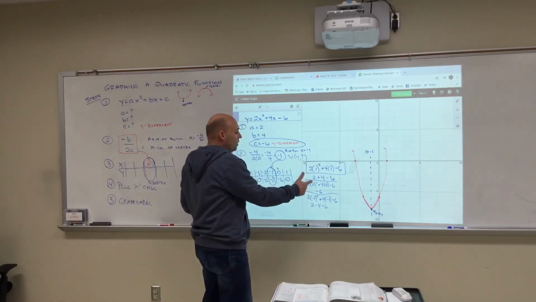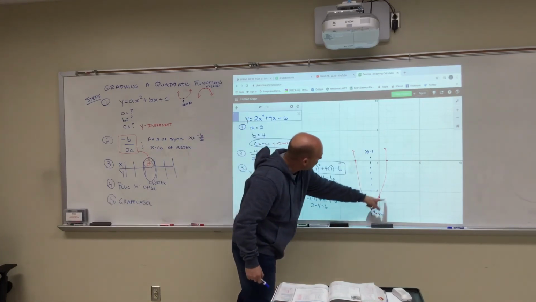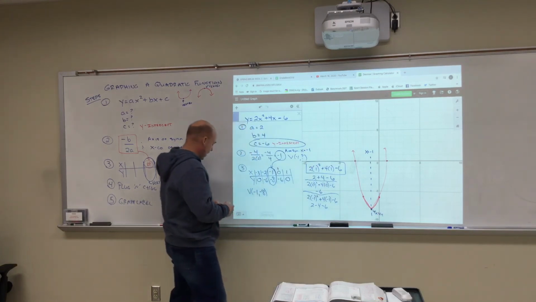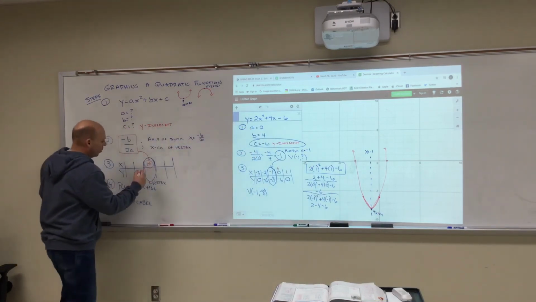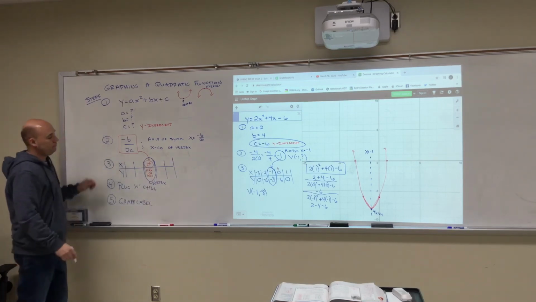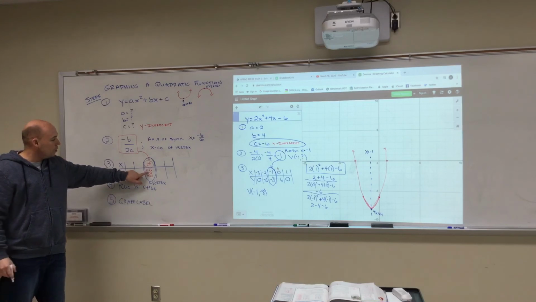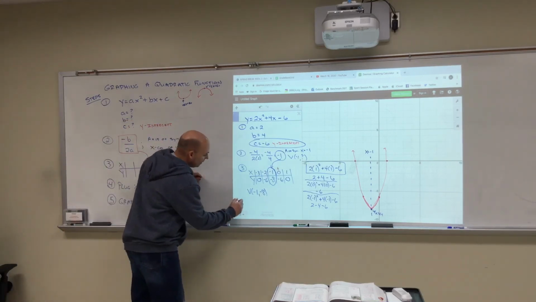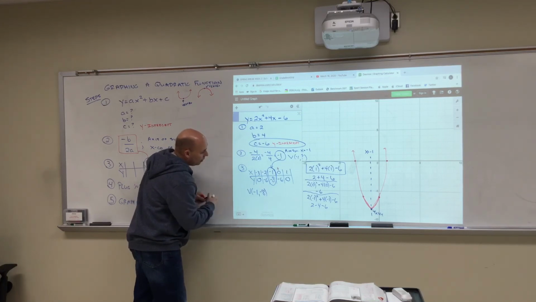But a minimum point, this is what this one's going to have. So it has a lowest point on the graph, and the lowest spot it goes to is -8. And that max or min number will always be found right here. Max or min. Okay? That value will always be the y coordinate of your vertex. So our problem right here has a minimum value of -8.